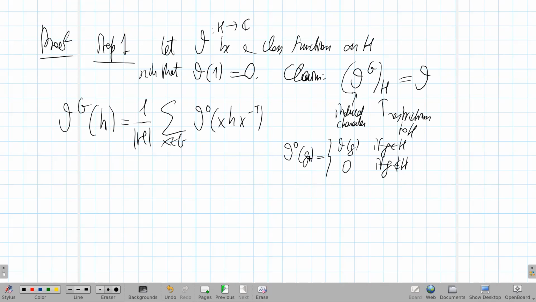So you first extend theta to a function on G, simply 0 outside H, and then you take this sum over all conjugates.